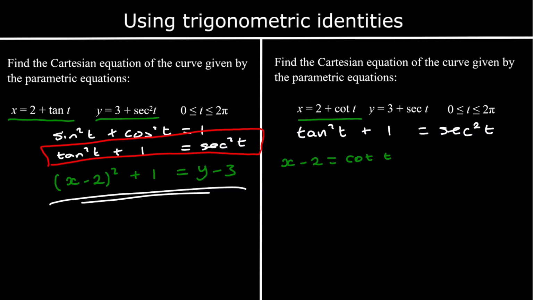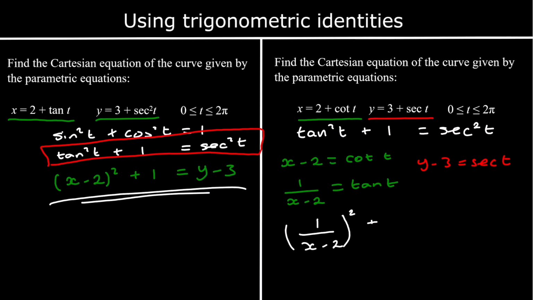So the reciprocal is tan t. So 1 over x minus 2 is tan t. For our sec equation, y minus 3 is sec t. So we're just substituting them in. So 1 over x minus 2 squared plus 1 equals y minus 3 squared.